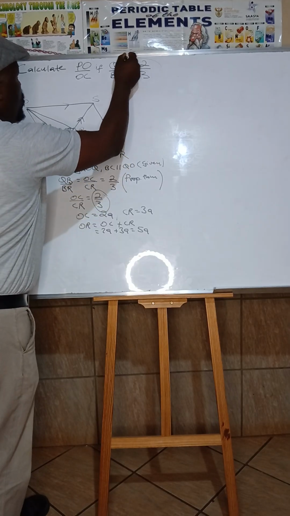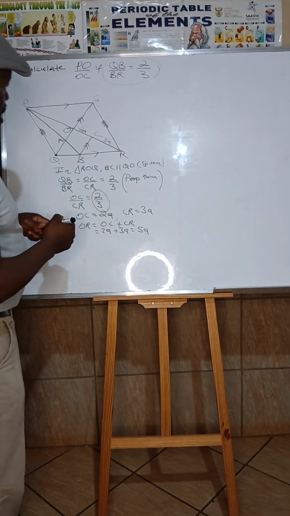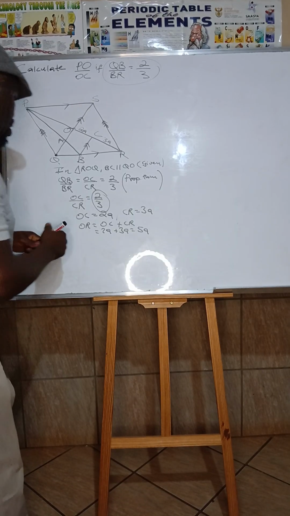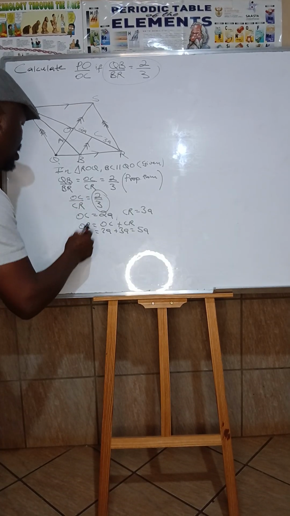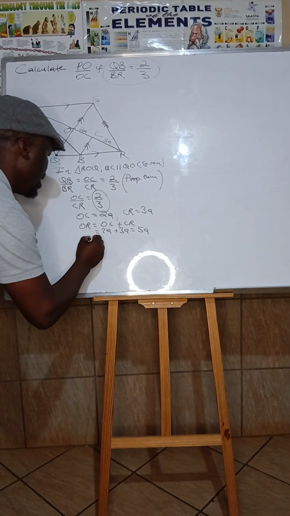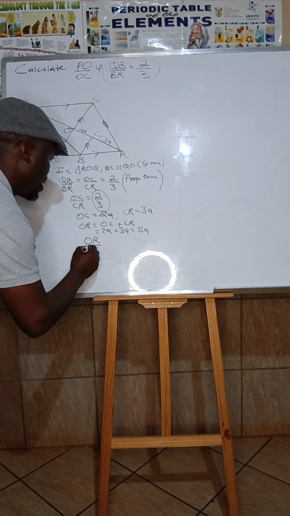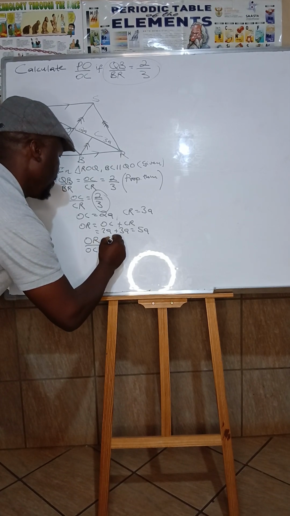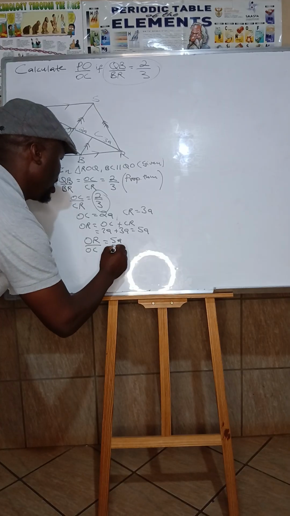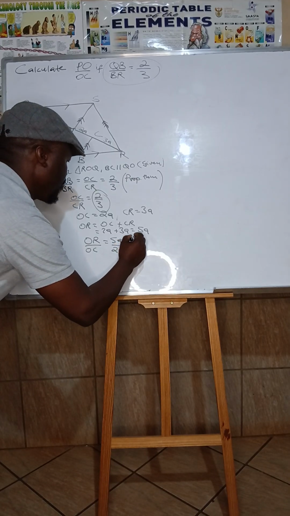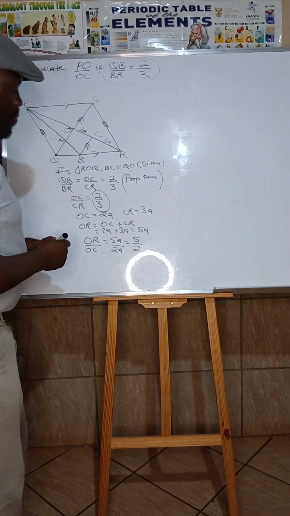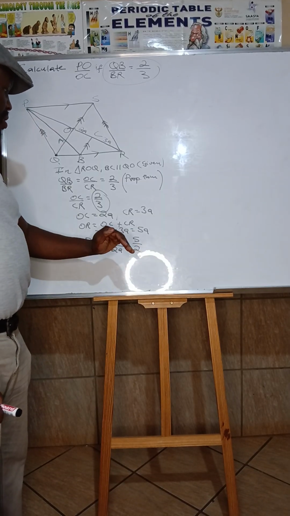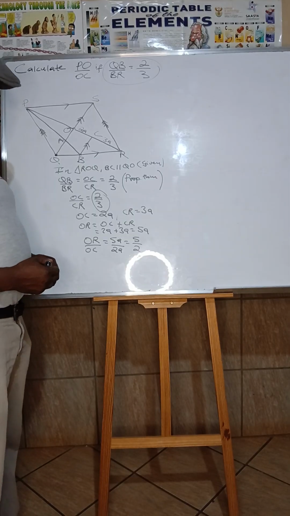We've already used that part. Now let's go back here. In this case we've got OR and we've got OC. Let's write this in this form: OR divided by OC is equal to 5A divided by 2A, giving us 5 over 2. OR over OC is equal to 5 over 2.